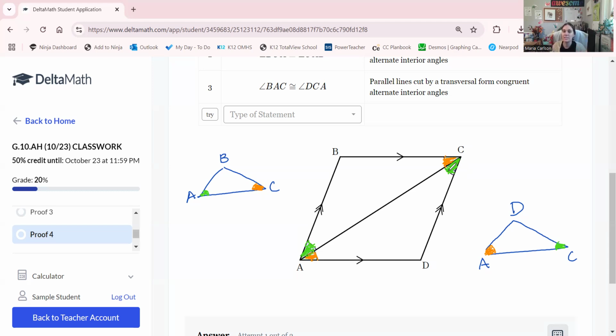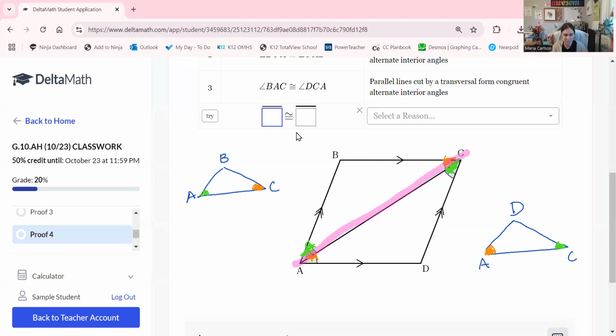So which one makes more sense here? Thinking about the triangles that we have, I know that they both share this same side AC, which is congruent to itself. So I'm going to say that this side AC is congruent to CA, because A and C are congruent in the opposite shapes.